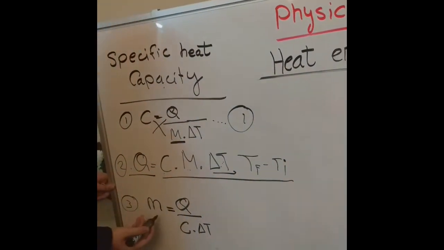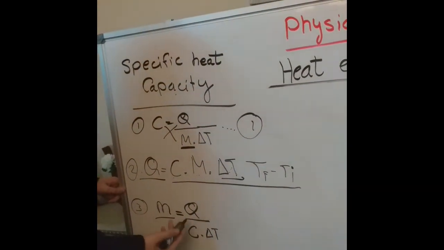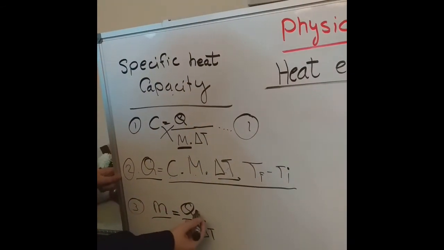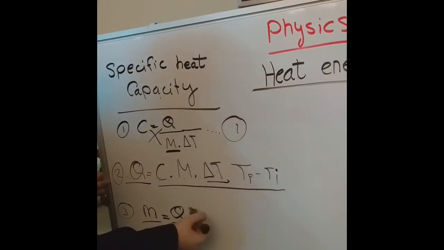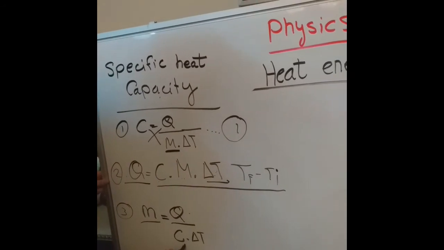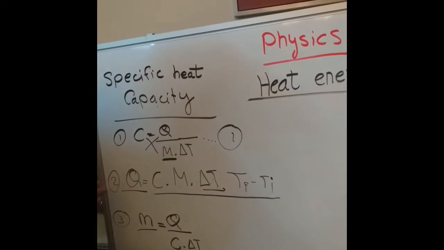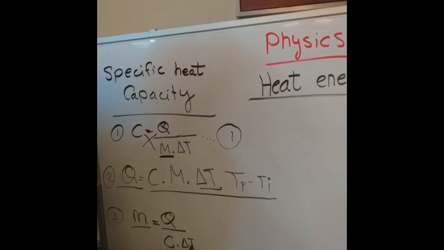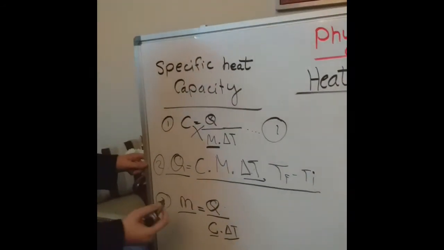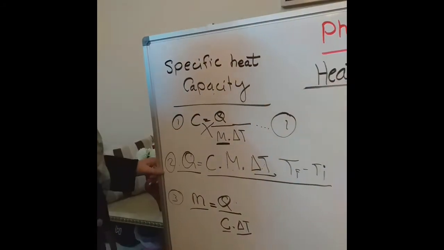That means the mass of the body equals the heat which can be gained or lost over the specific heat capacity times the change of temperature. This is the formula for the mass of the body.